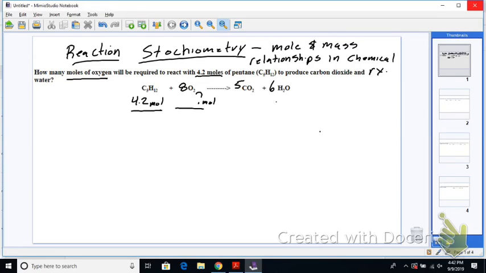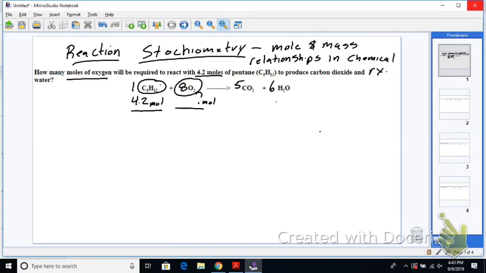On this one, all I'm doing is looking at the relationship between C5H12 and oxygen. And I can see that relationship is 1 to 8. That means I've got 1 of the C5H12 for every 8 oxygens. So I need a lot of oxygens for this reaction to happen in relationship to the C5H12.